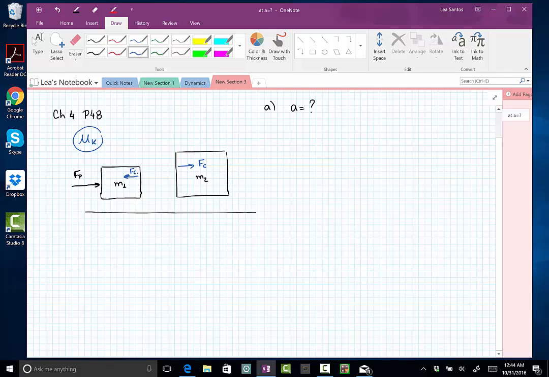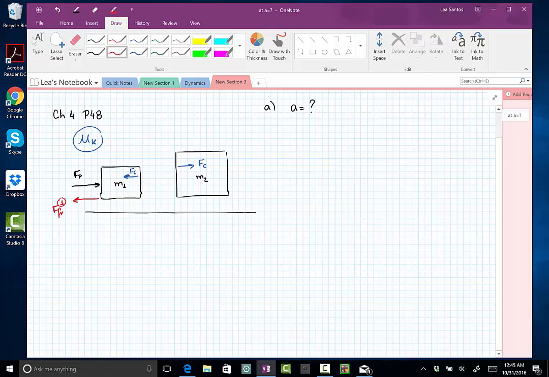What else do we have along the x-axis in box M1? As we said, there is friction. Friction is parallel to the surface and it's opposite to the motion. Since the motion is going to go to the right, the friction is then to the left.